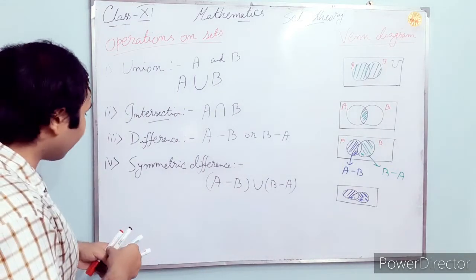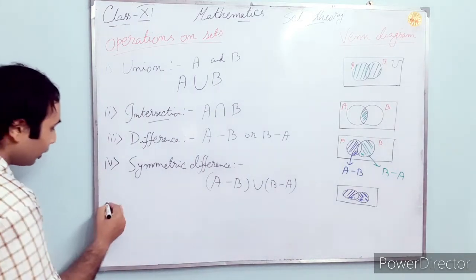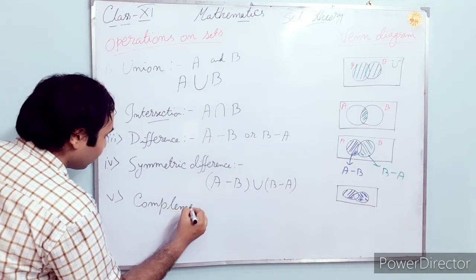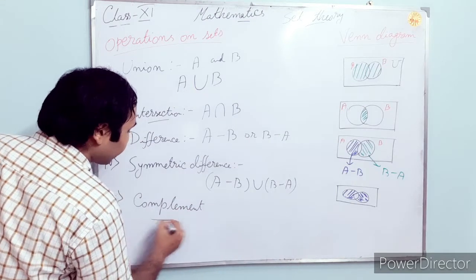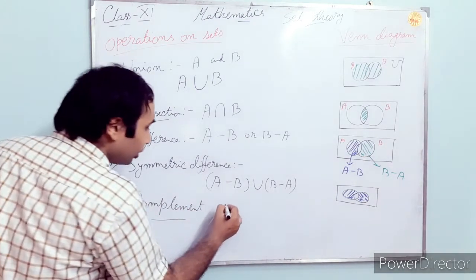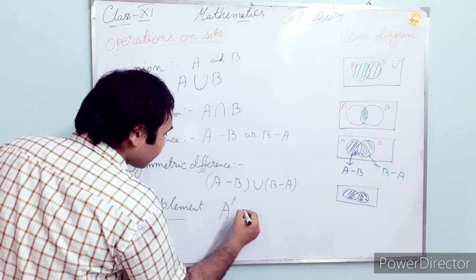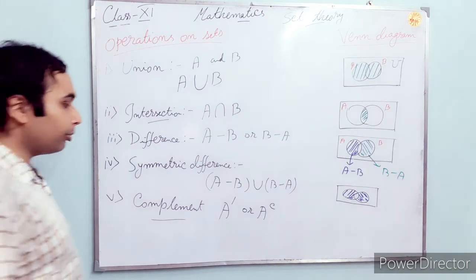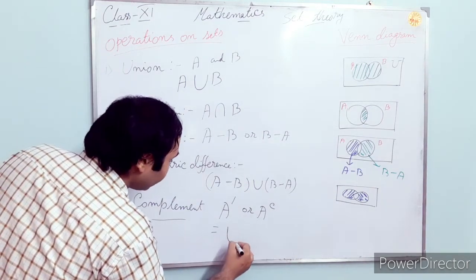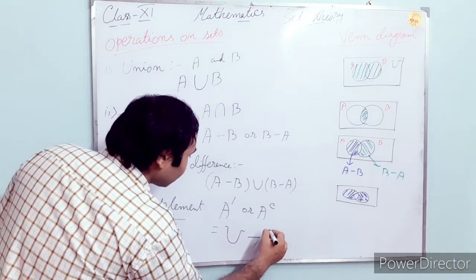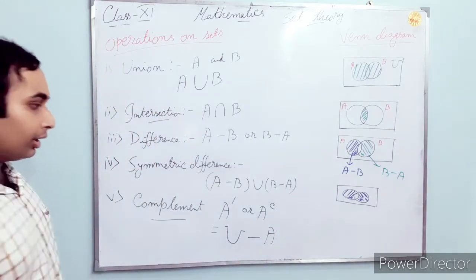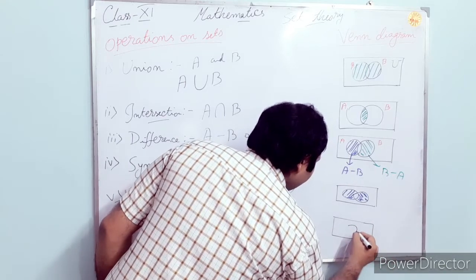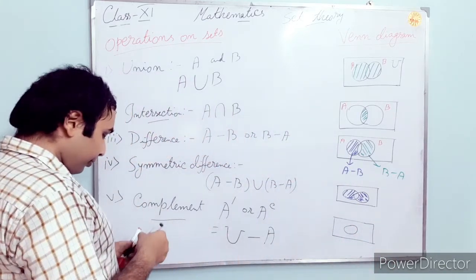And now the complement. The last one, it is the complement of a set. Complement of a set can be denoted as A prime, or A dash, or A complement. That means the universal set minus the part of A. So it can be represented in the Venn diagram like this.